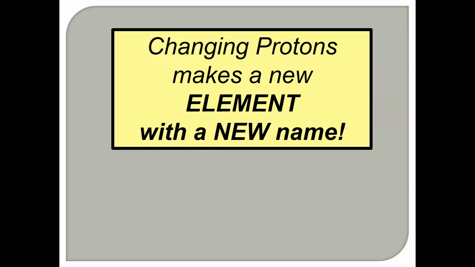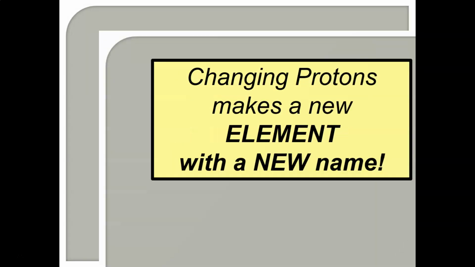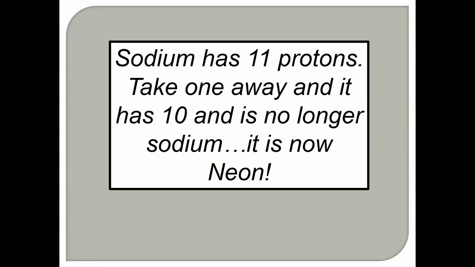The protons is the unique characteristic that decides which element you have. So sodium will always have 11 protons. If it doesn't have 11 protons, it's not sodium. Sodium is the name for the atom that has 11 protons in it. If you took one away and you only have 10, it's not going to be called sodium anymore. Now it's called neon.